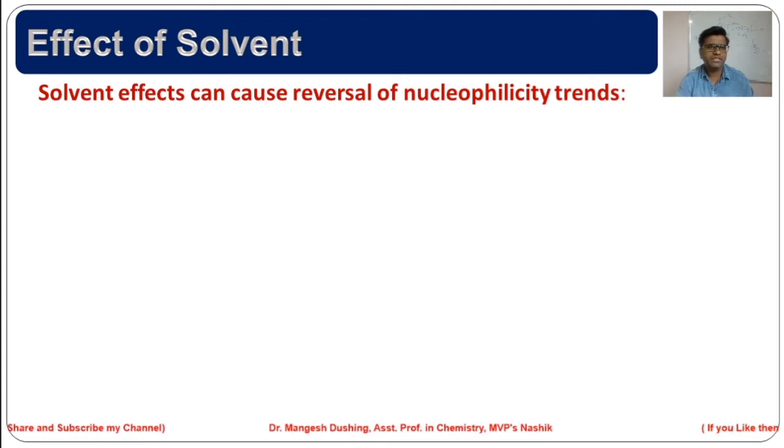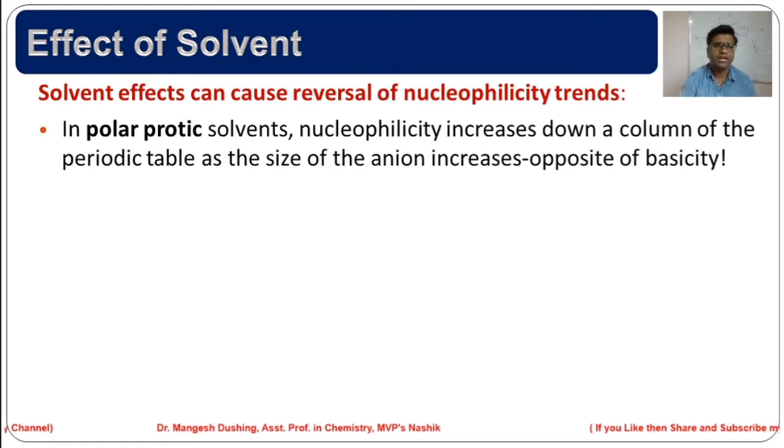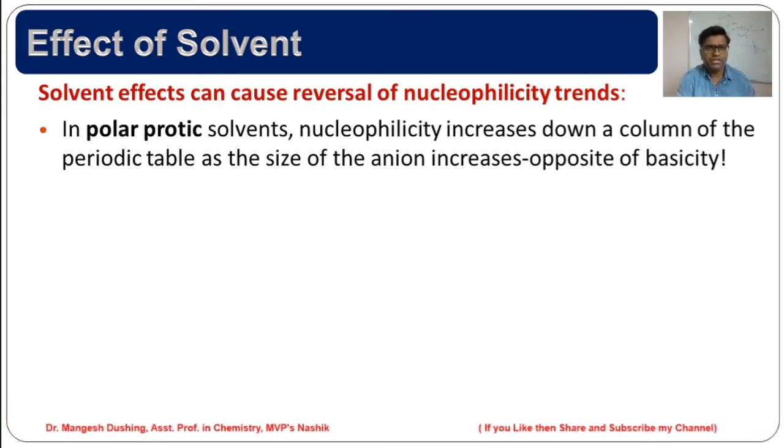Now we will see solvent effects on nucleophilicity trends. As we know, nucleophilicity increases with basicity. In polar protic solvents, nucleophilicity increases down a column of the periodic table as the size of the anion increases, opposite to basicity.